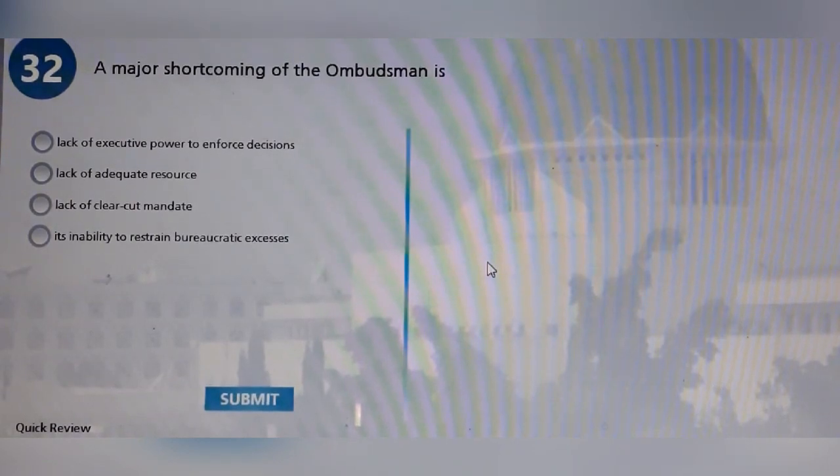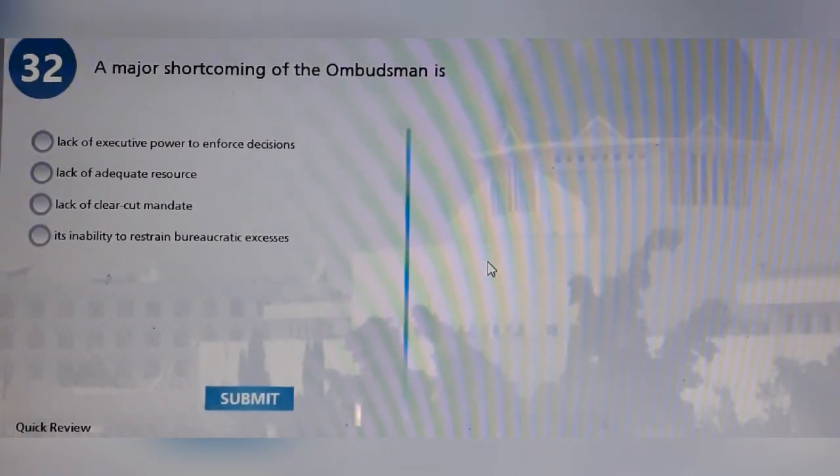Number 32 says, a major shortcoming of the ombudsman is A. lack of executive power to enforce decision, B. lack of adequate resource, C. lack of clear-cut mandates, and D. its inability to restrain bureaucratic excesses. Of course, we know the ombudsman was the Public Complaints Commission.